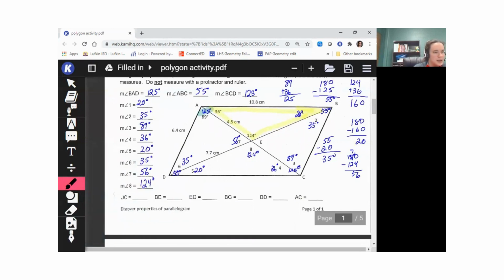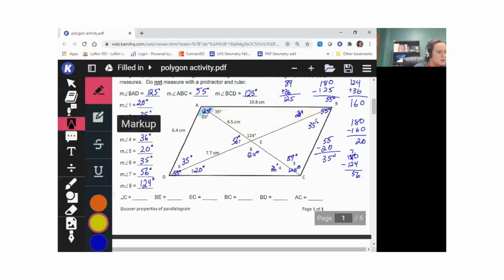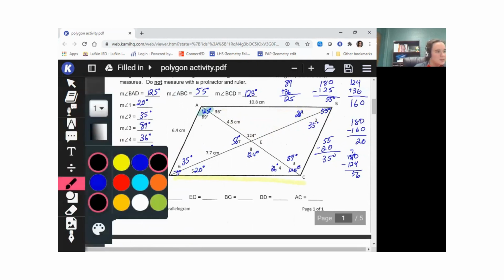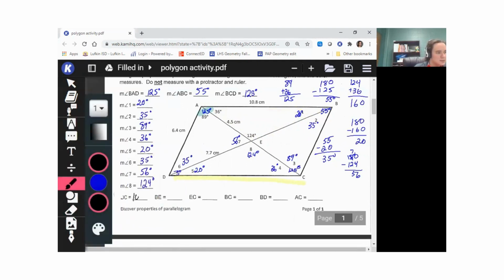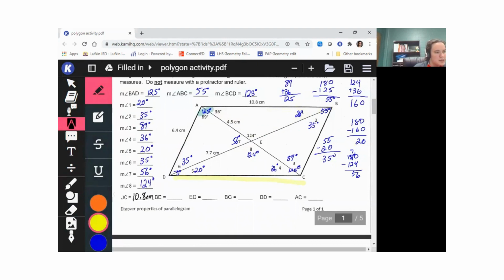Now we're looking at lengths. So first off, we're looking at DC. And DC is this side, and it's parallel and congruent with AB. So it's 10.8 centimeters. Then I'm looking for BE.